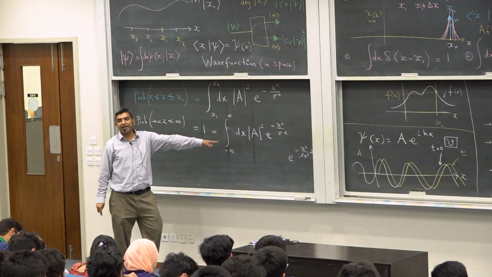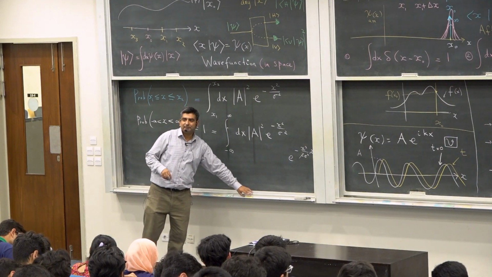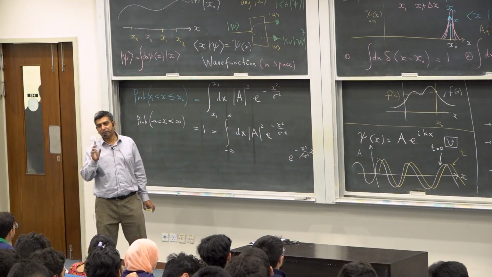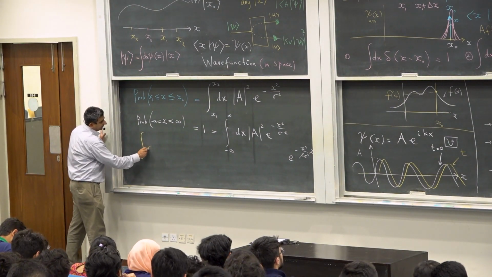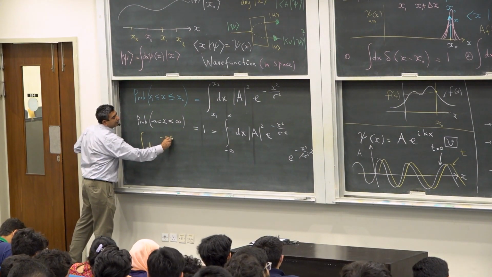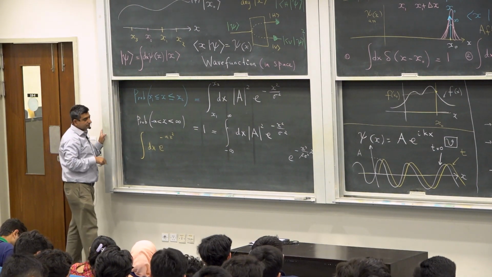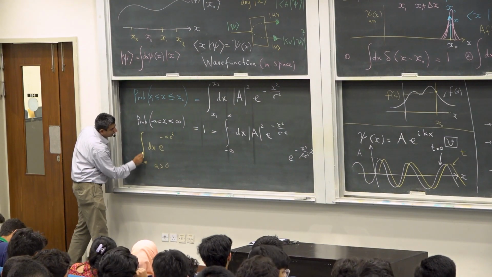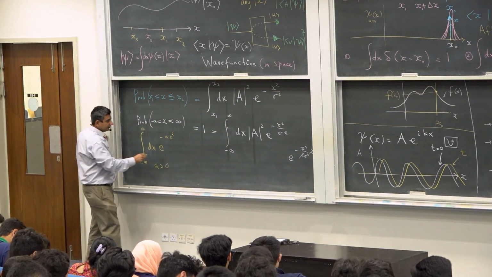All right, so this is how you find A. By the way, this is a standard integral and you need to remember this. I think it will be really helpful if you remember this integral. The integral of dx, e raised to the power minus a x squared, where a is positive, from minus infinity to plus infinity, is called the standard Gaussian integral.